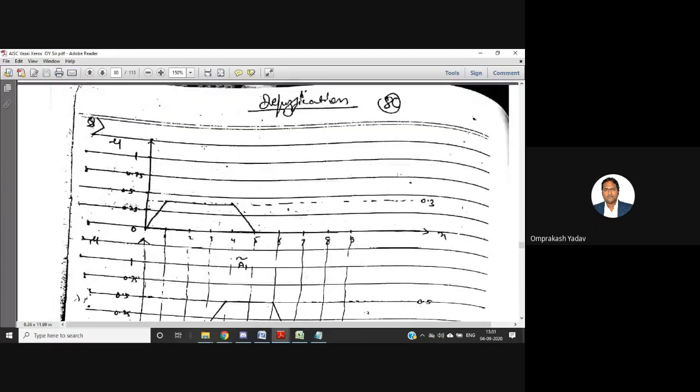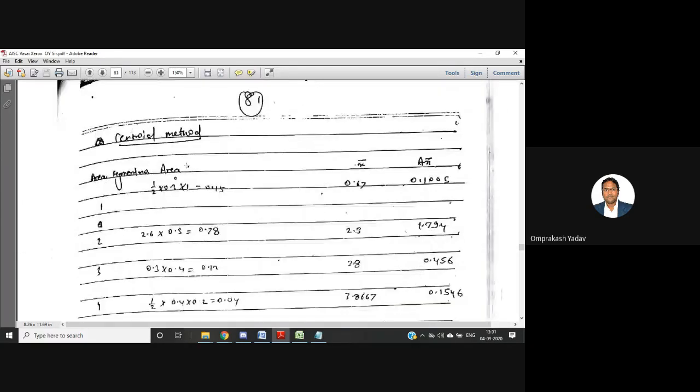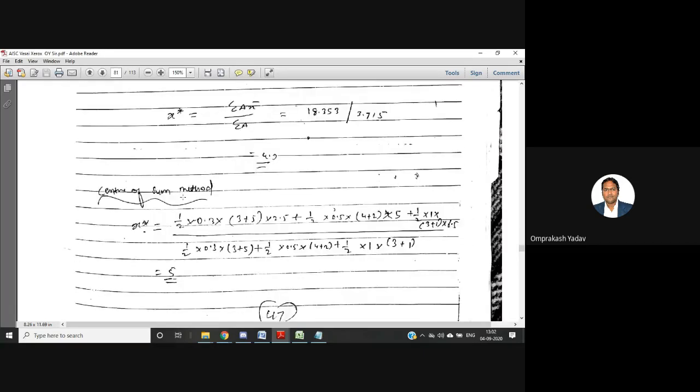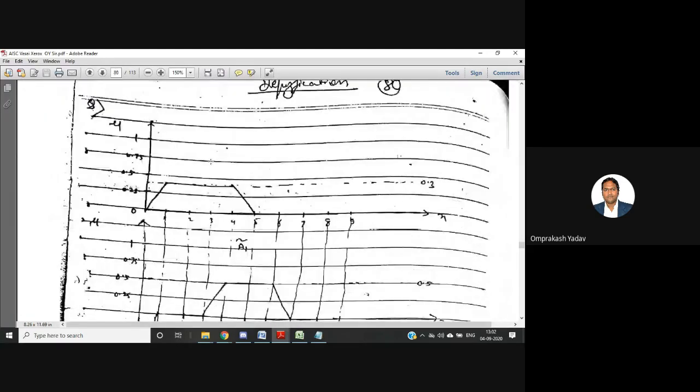Okay, so write the question. Find the defuzzified output or defuzzified value using, first, centroid method, and second, center of sums method.